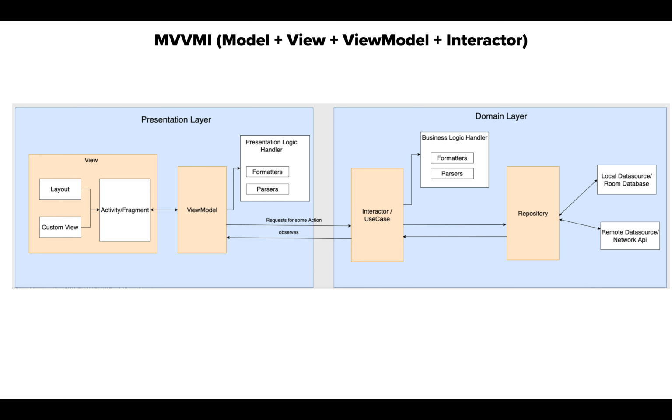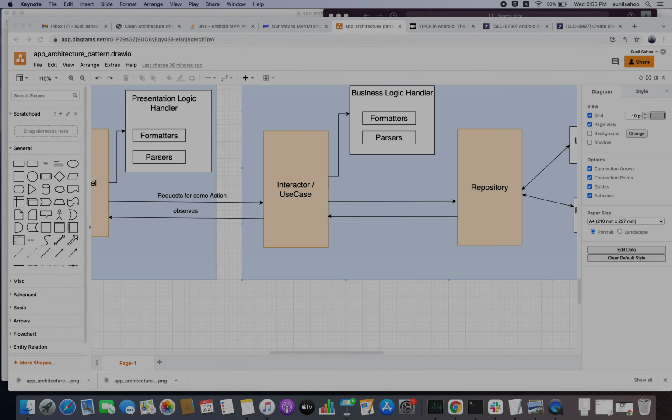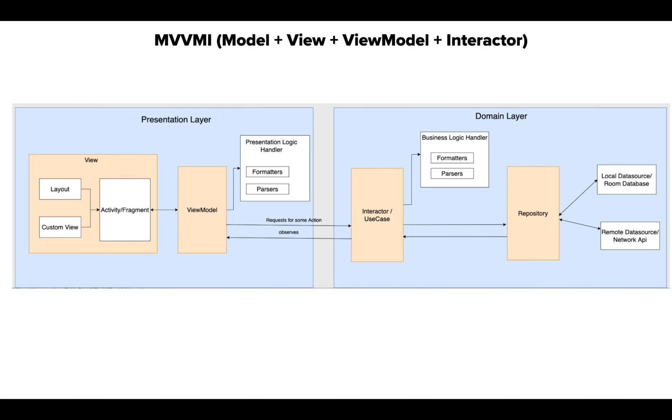Now my view model will request to the interactor, and also the view model will observe the changes of the interactor, and the interactor will perform some operation based on the business logic. Also the interactor will connect to a required repository to make network calls or use our local data source. So the repository will decide from where to get the data.